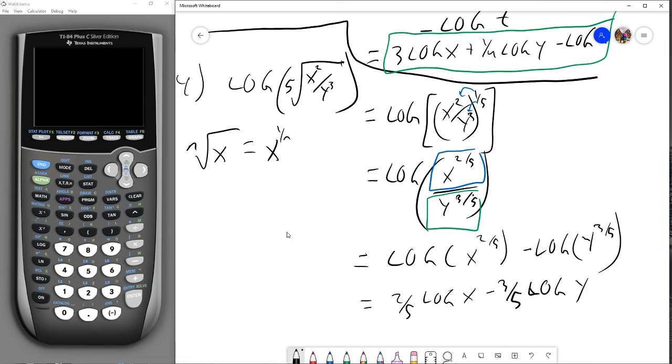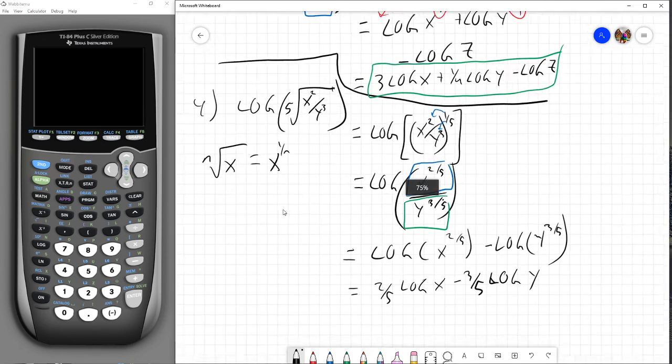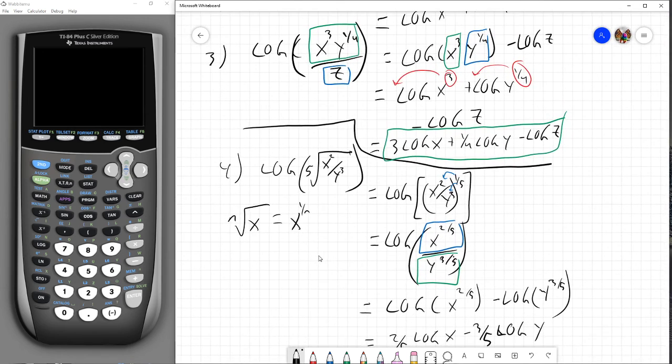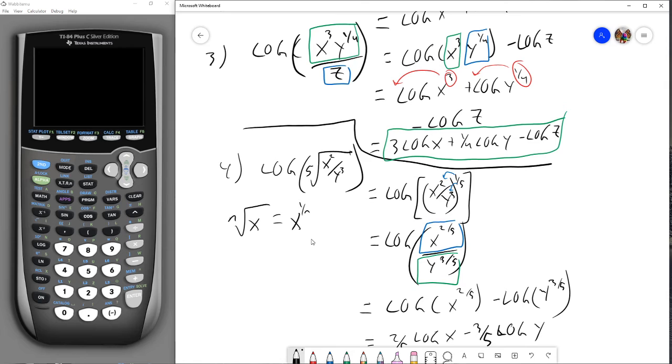Alright, let's pause there for a moment and take a look at what we are doing here. For our last two examples, 3 and 4, what we were doing is essentially peeling back the layers. We can imagine we have this division here as like the outermost thing going on.